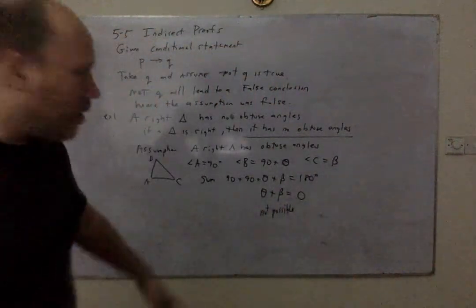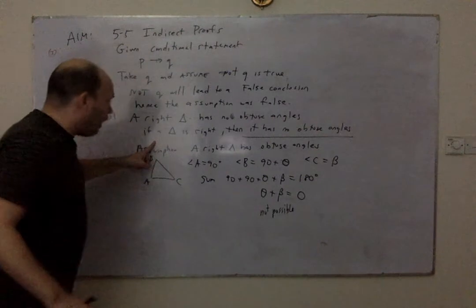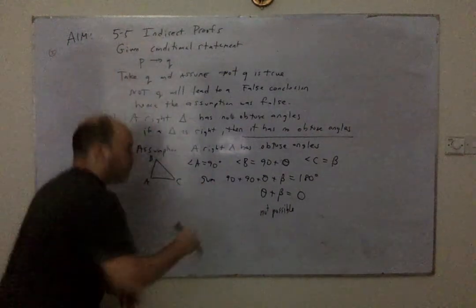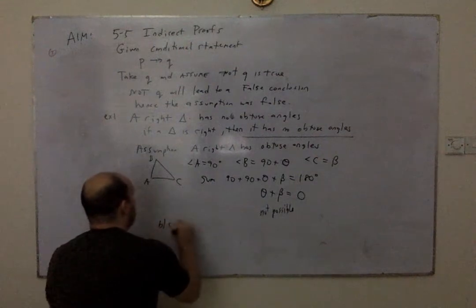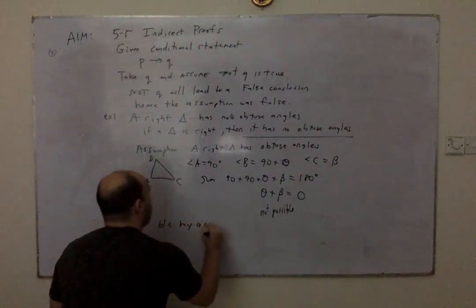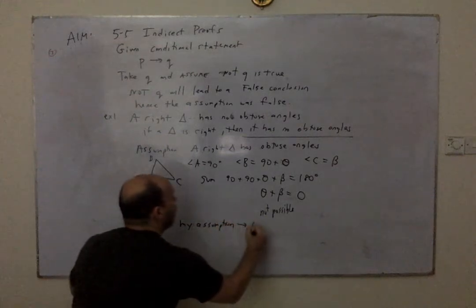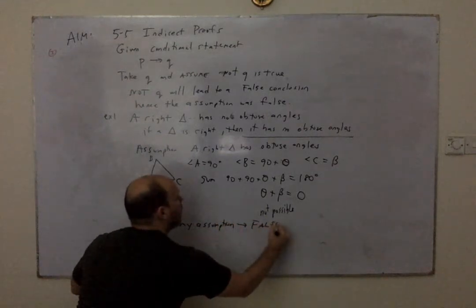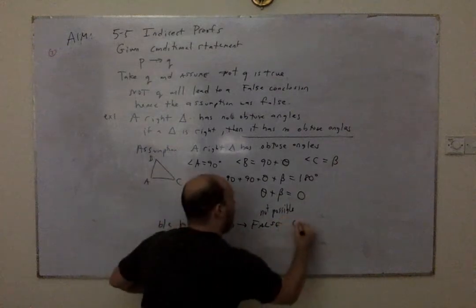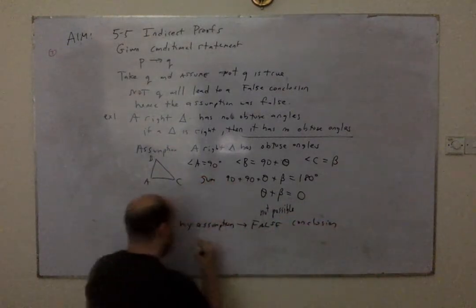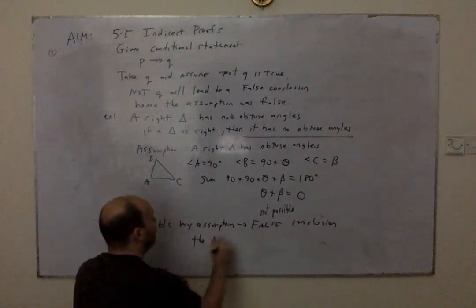Not possible, and therefore our proof is finished. You say, because my assumption led to a false conclusion, my assumption is wrong. Because my assumption led to a false conclusion, the assumption was false.